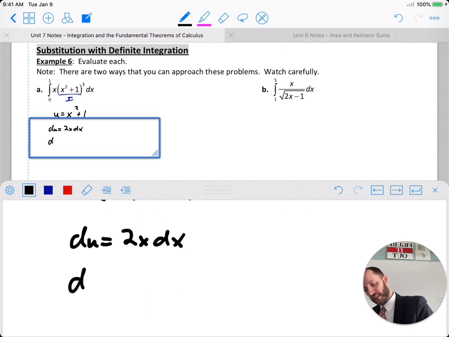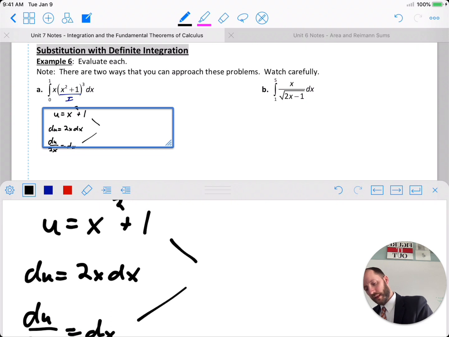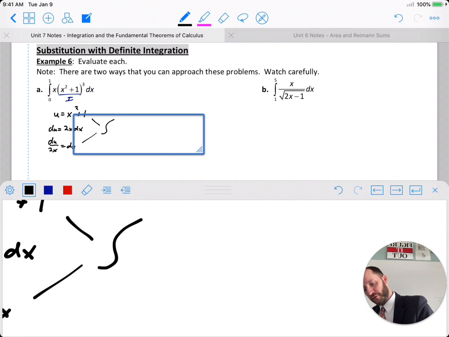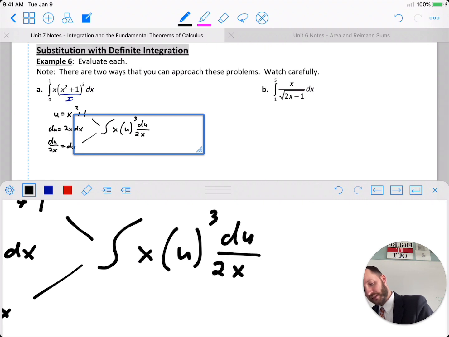Solve for dx, du over 2x equals dx. And put that together, so integral x u to the third du over 2x.